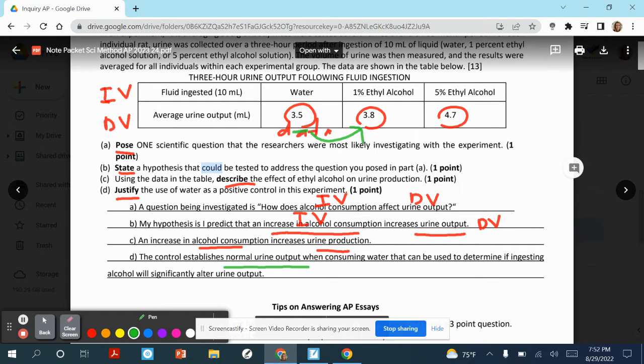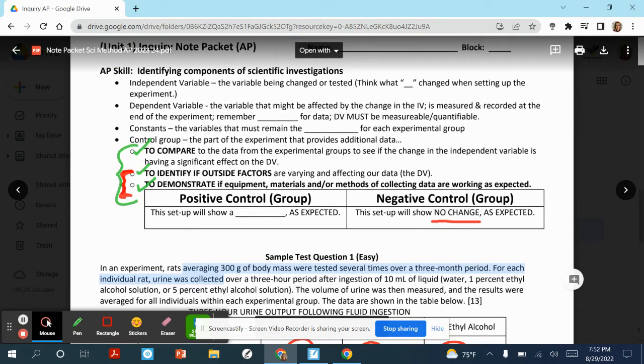Okay. You can see that my answer here in D is basically doing what we have up here in this very first one. So right here, this is kind of what I stated, but I was very specific to the experiment. So the control group gave me data so that I can see if adding alcohol is having a significant effect on urine output compared to water.